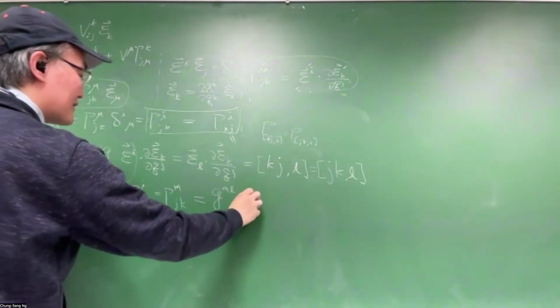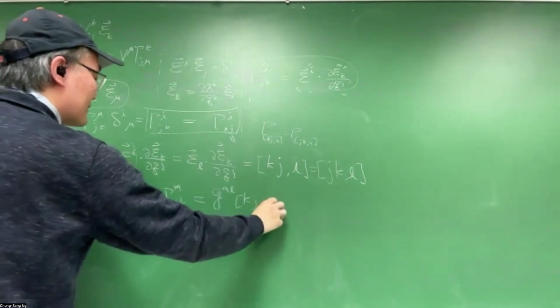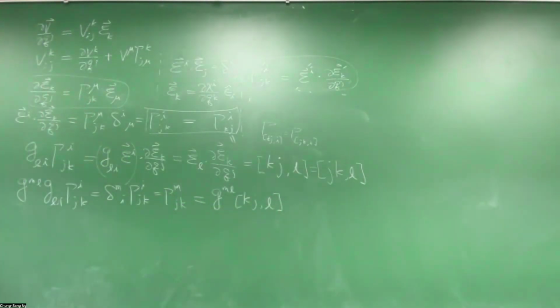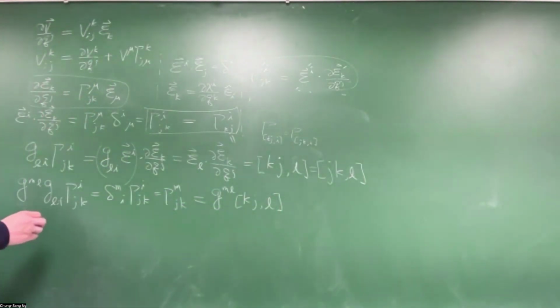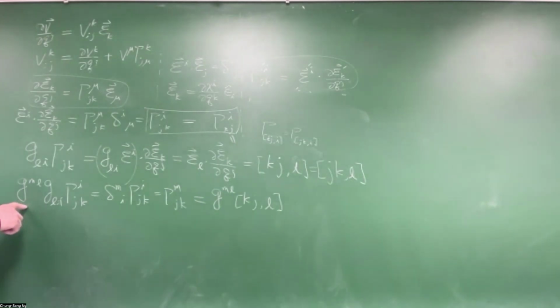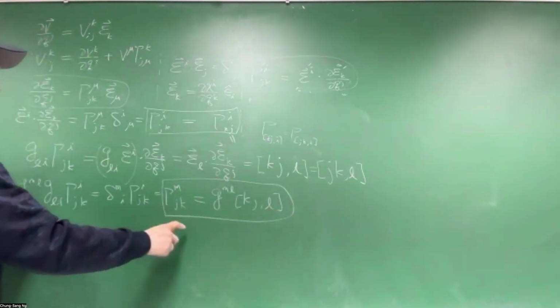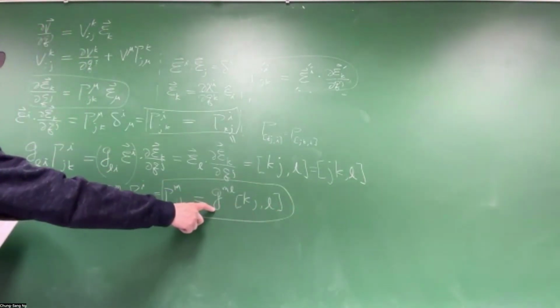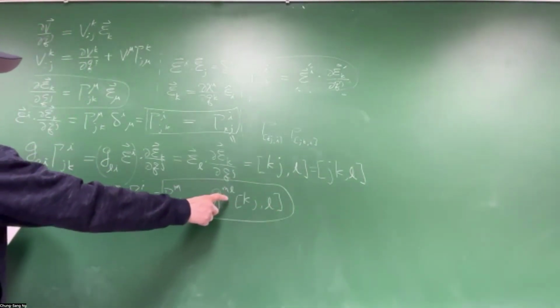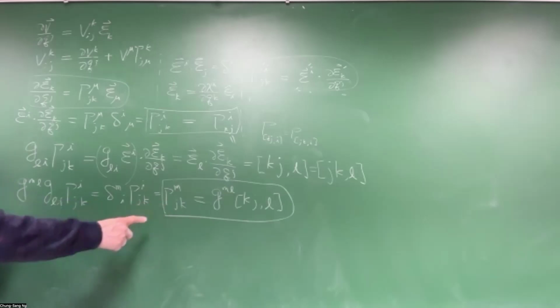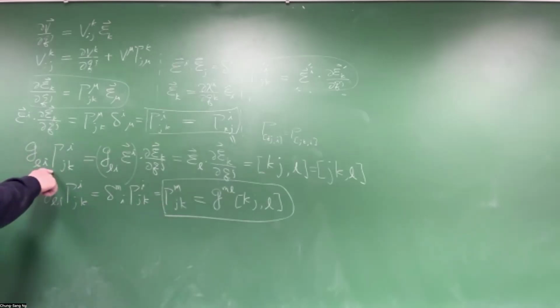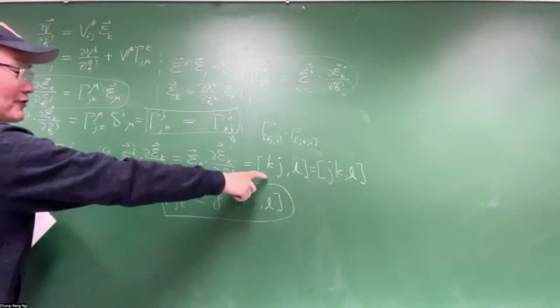So this is the equation. If you have the first kind, then you can contract with a contravariant metric tensor and get the second kind. And after you have the second kind, you contract with a covariant metric tensor and you get the first kind.